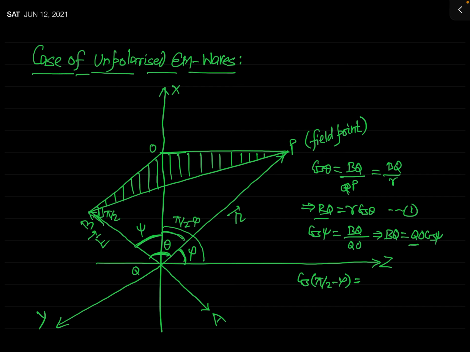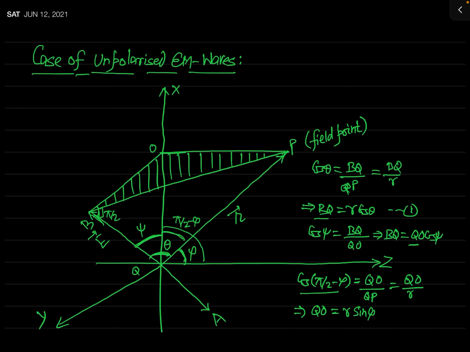What will be this? You can see this will be simply QO over QP, and this can be written as QO over R. And so what will be this QO? You can see this QO will be R times cos of pi by 2 minus phi, and cos of pi by 2 minus phi is sin phi, so you can write this is R sin phi.